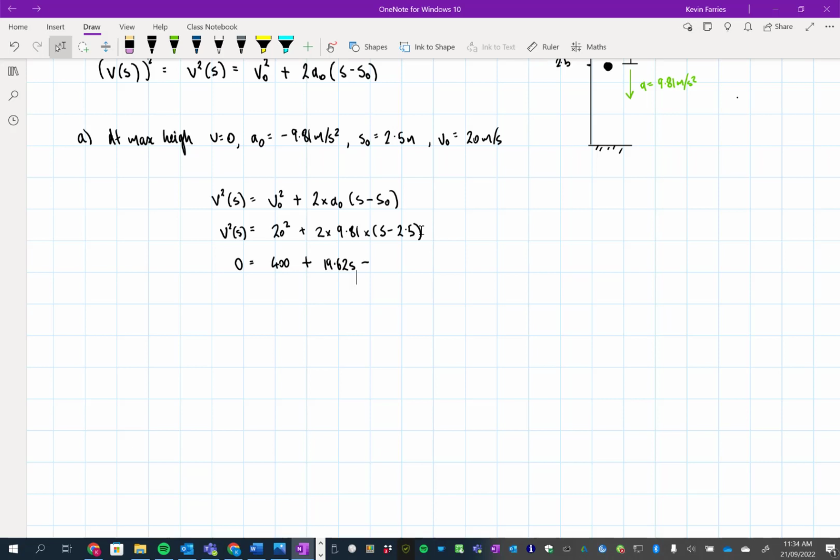So that's going to work out as 2.5 times 19.62. It's 49.05. Therefore, we're going to have 19.62s is going to be equal to 400 minus 49.05.